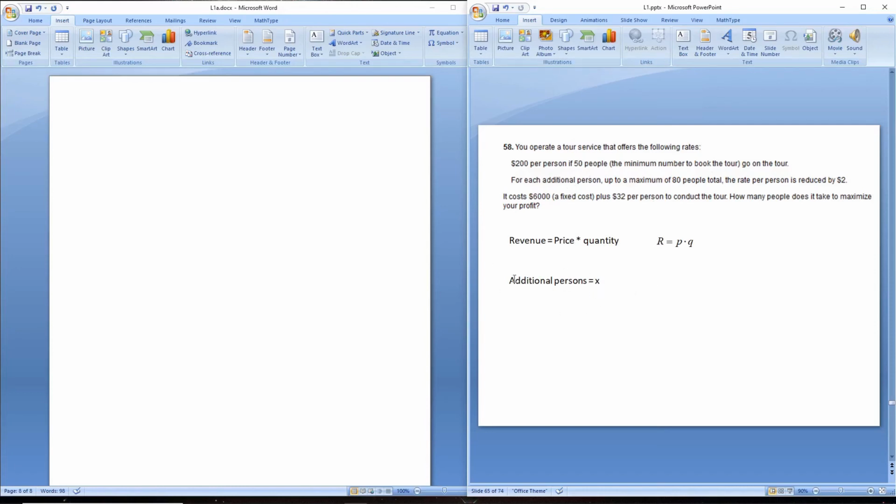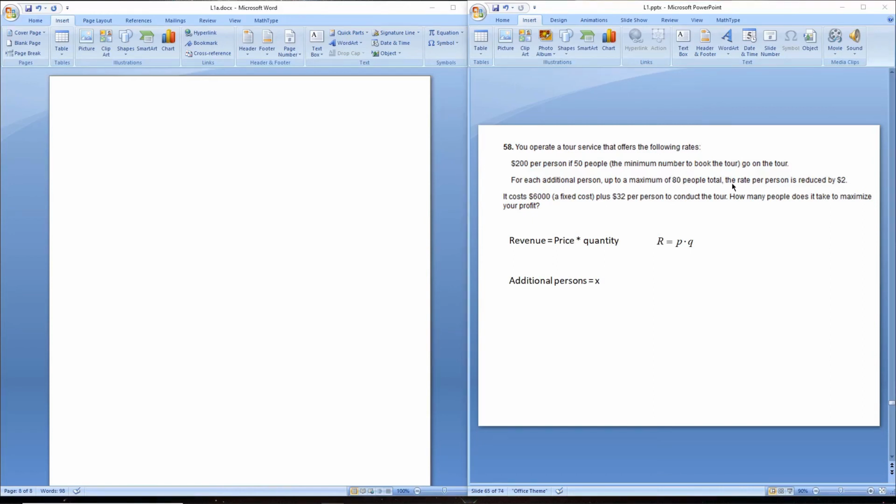We need to count how many of these additional people we get above 50, and let's call that X. X is the additional people above 50. Now this maximum of 80 people is actually going to be an end point, and that's something we'll look at at the end of the problem, because 80 is the max we can have, so that'll be an end point.